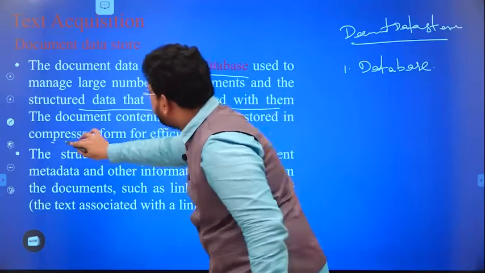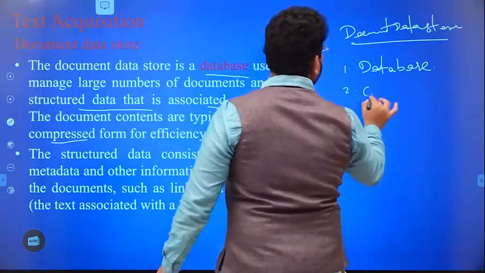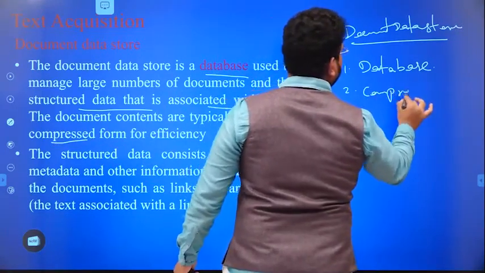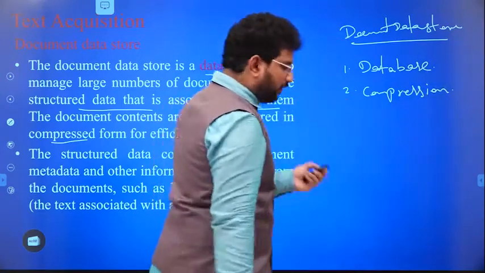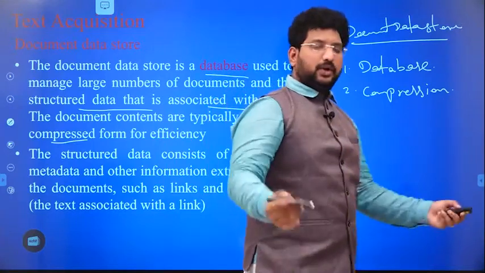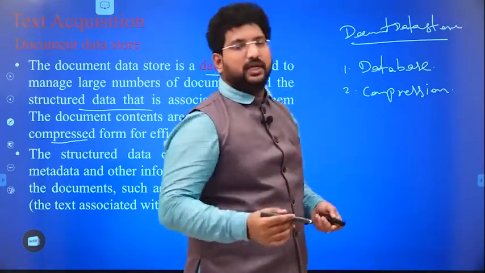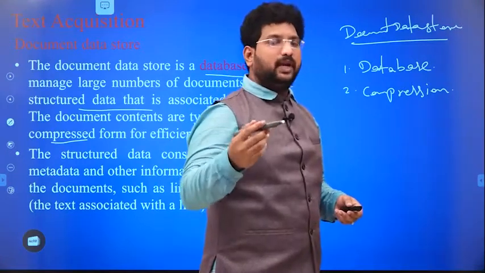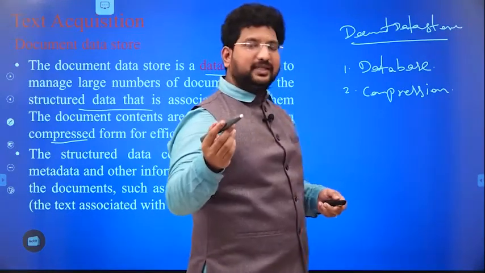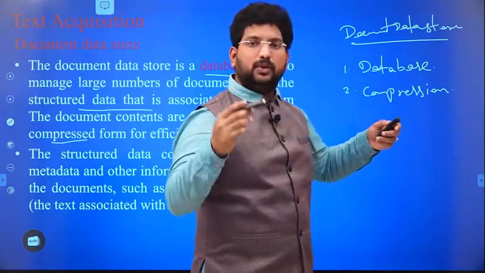So here you find one word: compression. What is compression and why do we go for compression? You know that the database consists of a huge collection of documents. Whenever the index is to be created and whenever it is accessed, compression is very important.